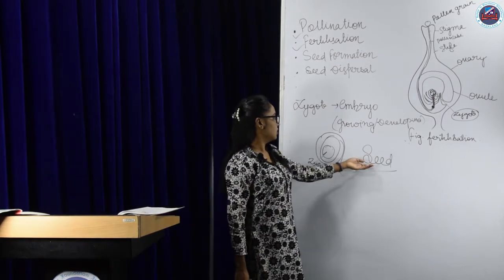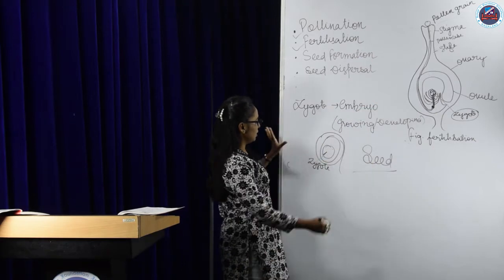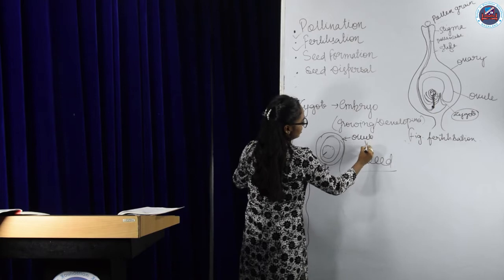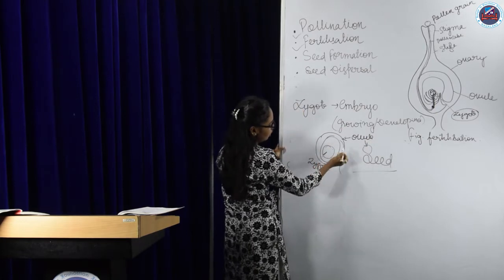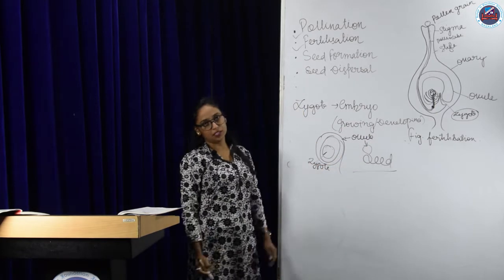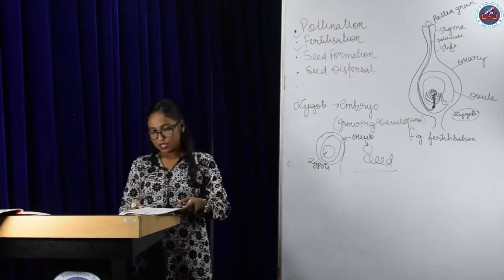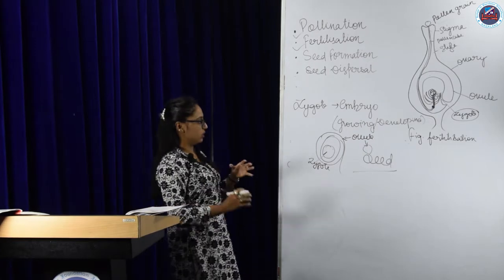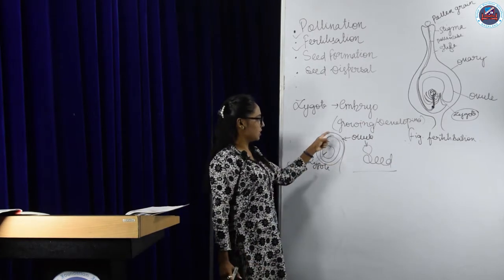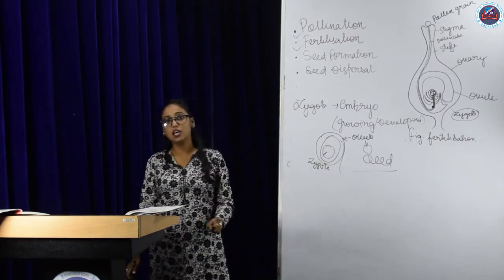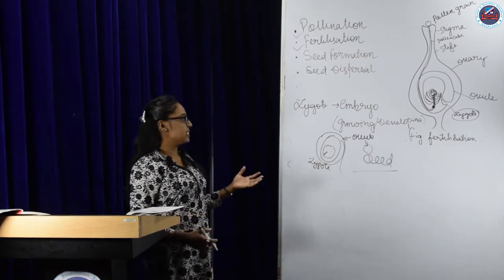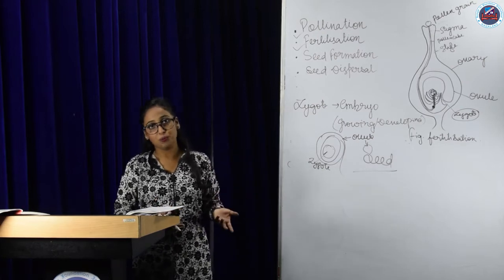See in the diagram, this is the ovule which becomes the seed, and inside this is the zygote which becomes the embryo, the new plant. Now the embryo is stored inside the seed. It is dormant until the environmental conditions become favorable for its growth into a new plant.